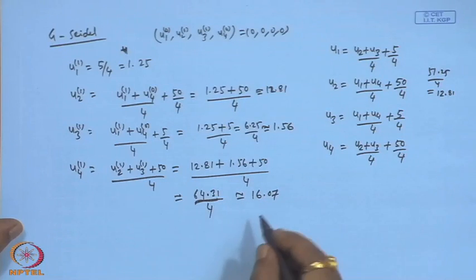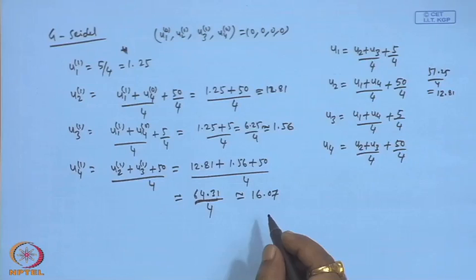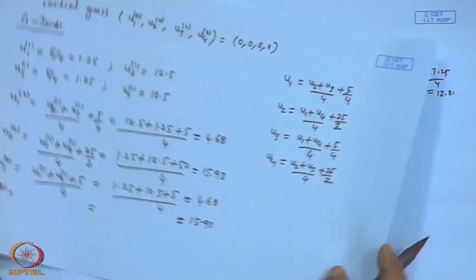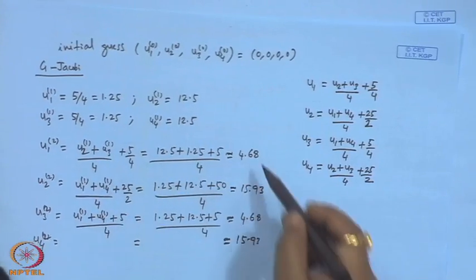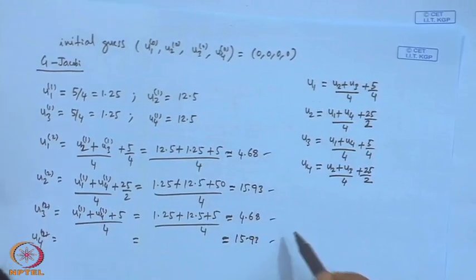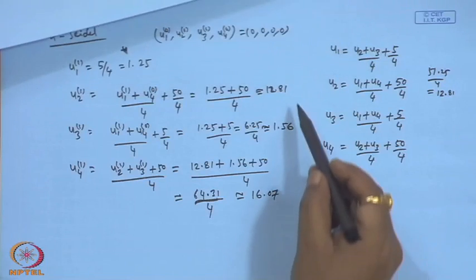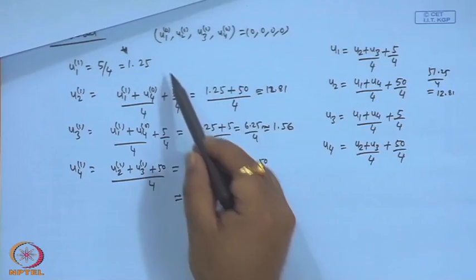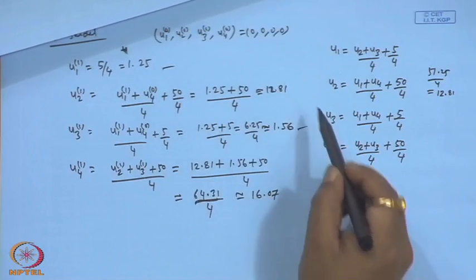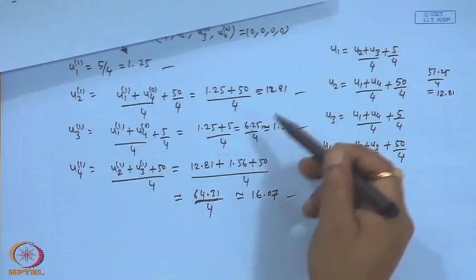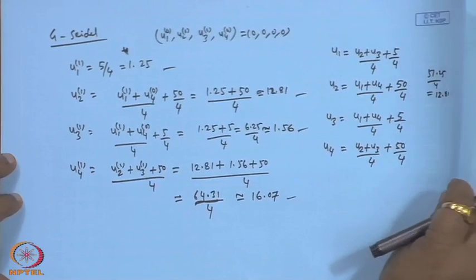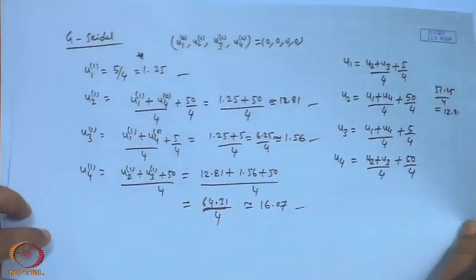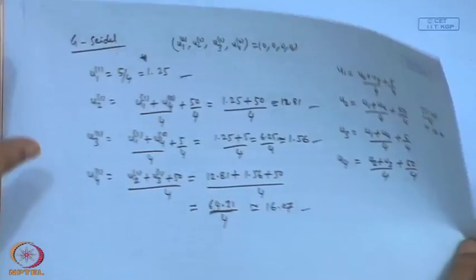Okay. So, if you look at it, initially 1.25, 1.25, 12.5, 12.5, the later. So, now here second level, we got at the first level itself 1.25, 1.56, 12.16. So, next iteration we have to use these values and compute.